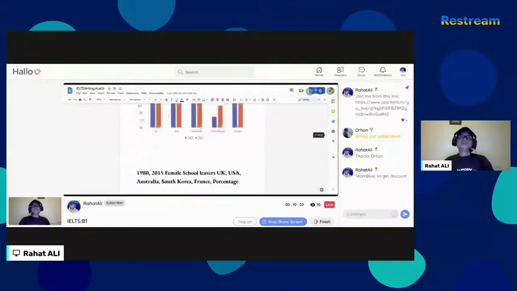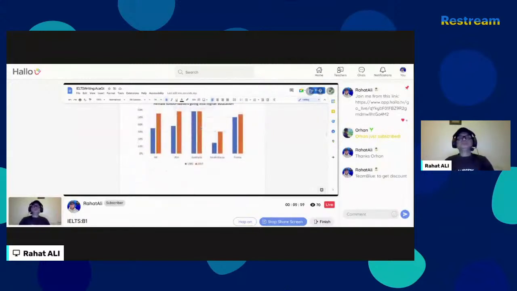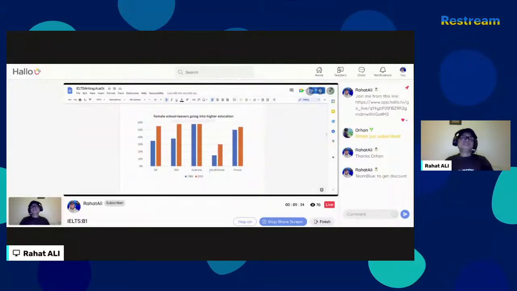Okay, so we can understand from this chart that South Korea had almost doubled the education rate in 2015 over the period of 25 years, whereas Australia had the same 60%, and other countries had almost the same 60% in 2015, and the UK and USA had almost the same in 1980, and France has almost the same in 1980 and 2015.